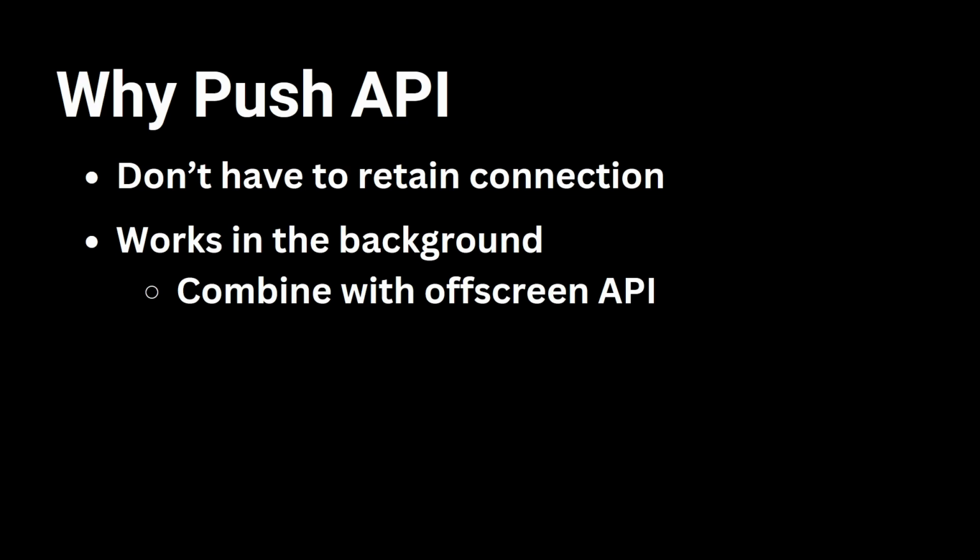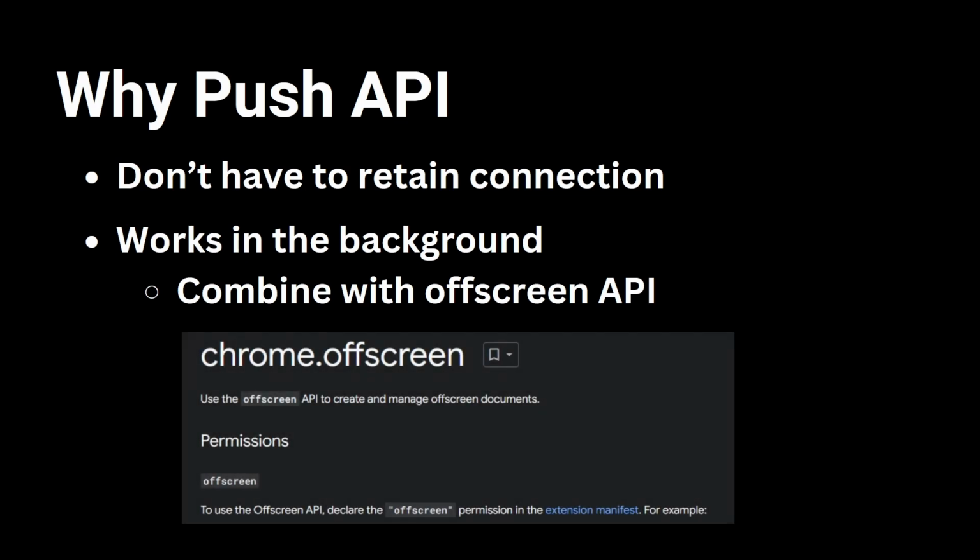And since I created this video for Chrome extension developers, you can combine Push API with Offscreen API, where the purpose of Offscreen API is to create and manage offscreen documents, which means you can use the document object model, DOM, together with Push API. One example that I have here is a recent Chrome extension that I developed.